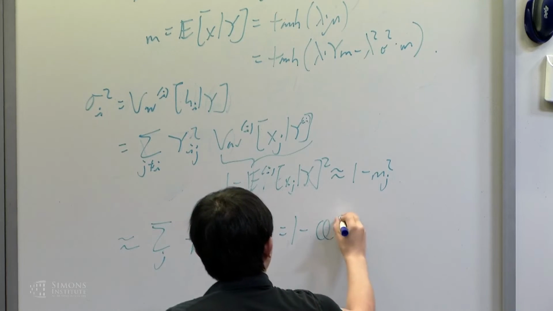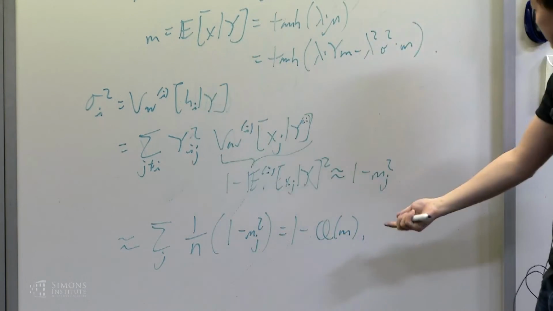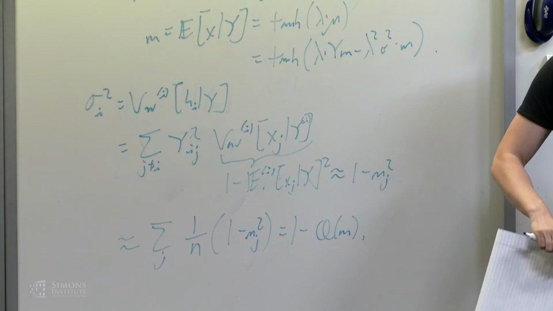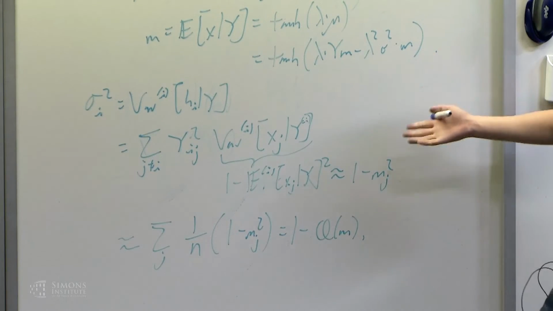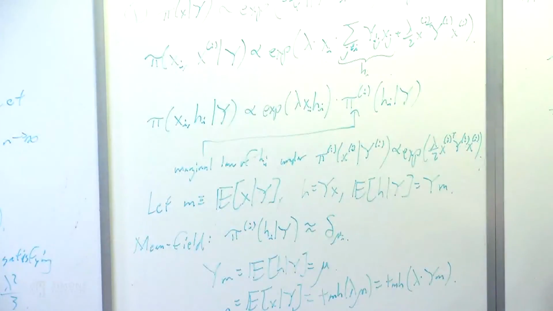And this is exactly this quantity 1 minus q of m. So we get that the variances for each coordinate is roughly 1 minus q of m, and once I plug it into here, I get this TAP equation. So you can view this as a sort of correction that accounts for the variation in this cavity field.